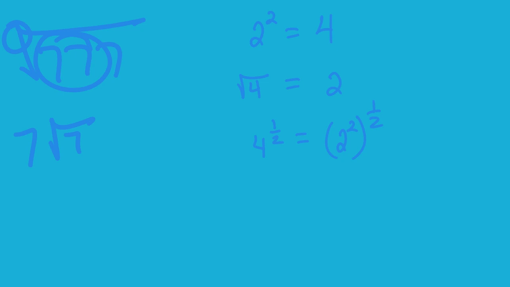Okay. So now I have a power to a power. Do you remember what you do when you have a power to a power? You multiply. What's 2 times 1/2? 1. So it equals 2.